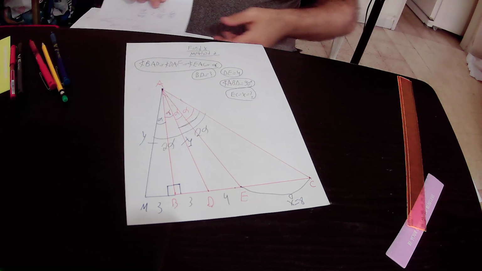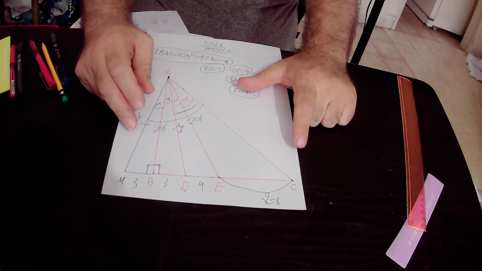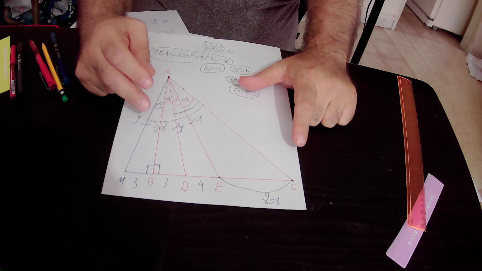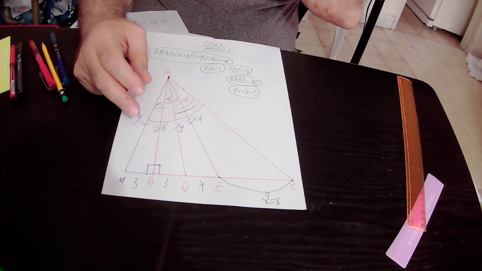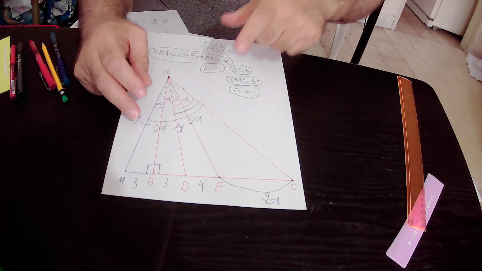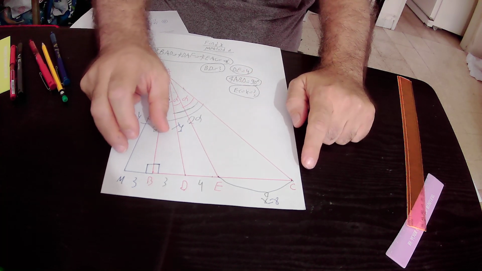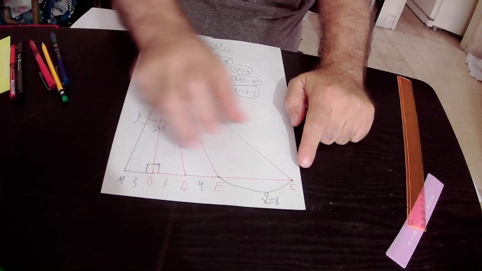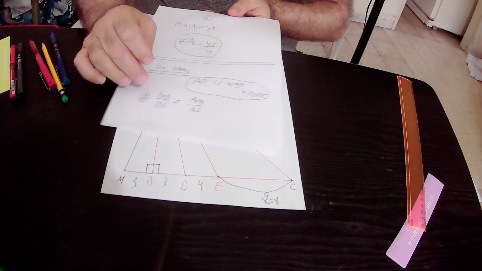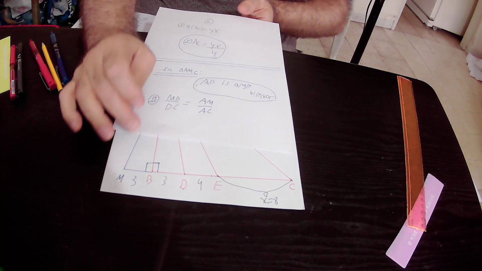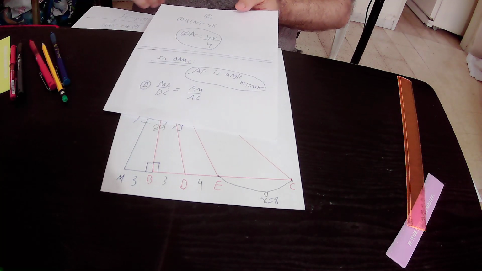And then we also know that in the big triangle, triangle AMC, AD is the angle bisector. Therefore, angle bisector AD divides MC in a ratio of MD over DC, and that ratio equals the ratio between the adjacent sides, that is AM over AC.